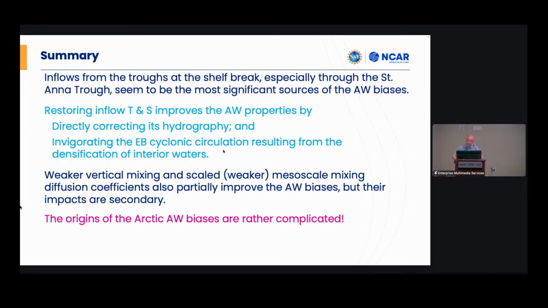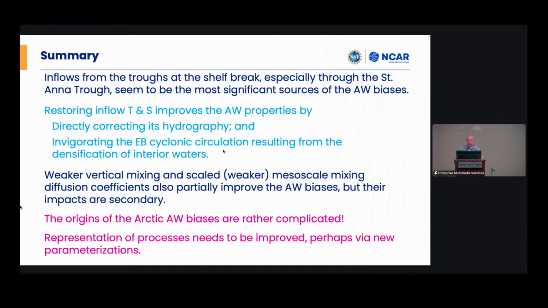So the origins of the Atlantic water biases seem to be rather complicated. I don't think that they are directly related to the incoming water properties from the Atlantic Ocean. Representation of processes needs to be improved, perhaps new parametrizations. My immediate thinking was, well, maybe we need another overflow parametrization in this region to improve the mixing, but that may be, I don't know, not an easy thing to tackle.